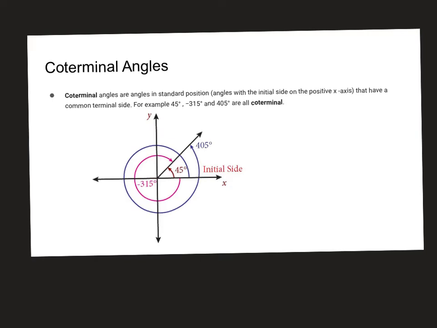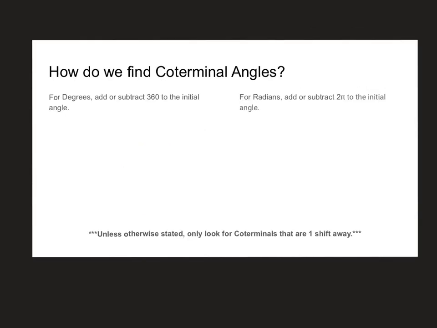How do we find coterminal angles? Well, that's actually a fairly simple process. For degrees, we take whatever angle we have and add or subtract 360 to the initial angle.